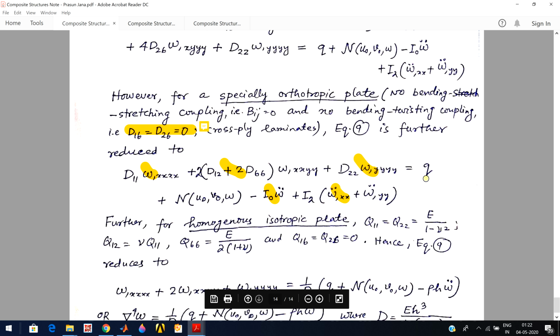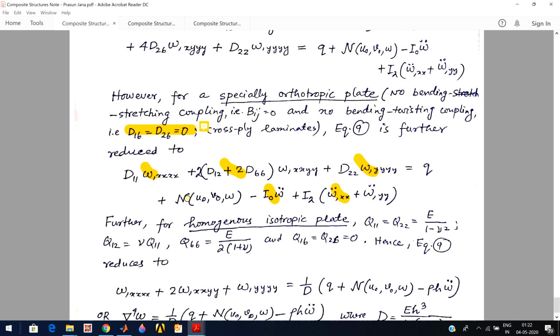So I mentioned that for a special orthotropic plate we'll have this equation, where for vibration we get these 5 terms as highlighted in yellow color, but for the buckling case we'll have Q which is 0 because we don't have any out of plane loading, and this time derivative terms also will be 0 because we are not dealing with dynamic behavior.